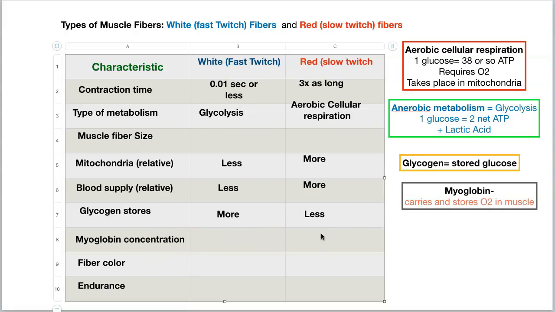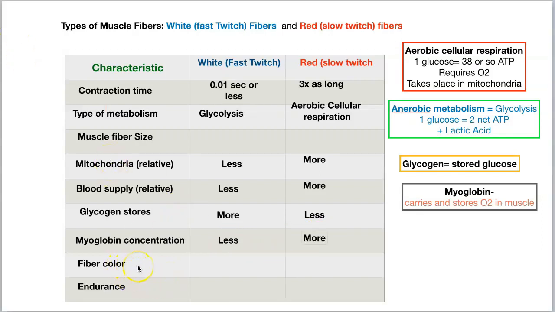This guy. He is oxygen dependent, so he's going to have more myoglobin. And in fact, it is that myoglobin that gives these muscle fibers their red color. The white fast twitchers, they're not O2 dependent. They're not going to have very much myoglobin. So here we're going to put less and more.